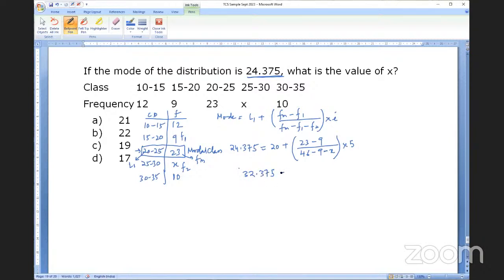So 32.375 minus 0.875x is equal to 23 minus 9, which is 14.